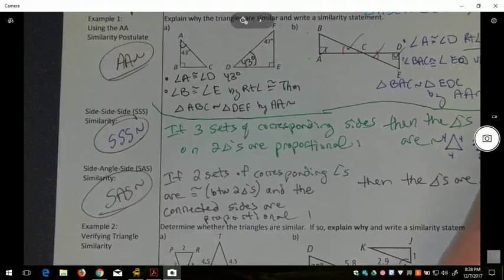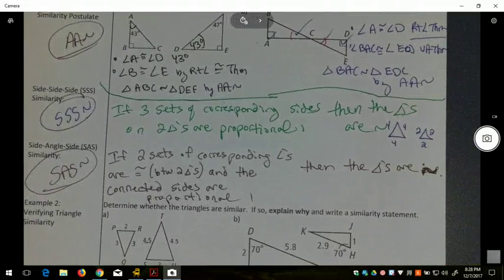Not congruent, similar. Then the triangles are similar.